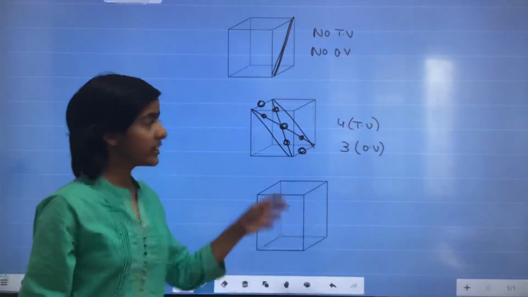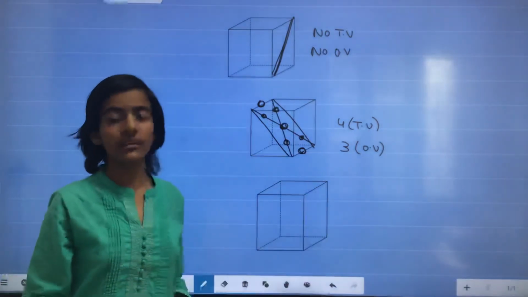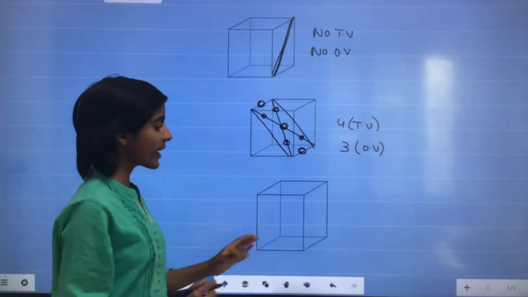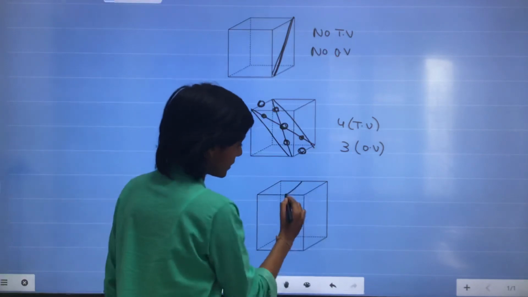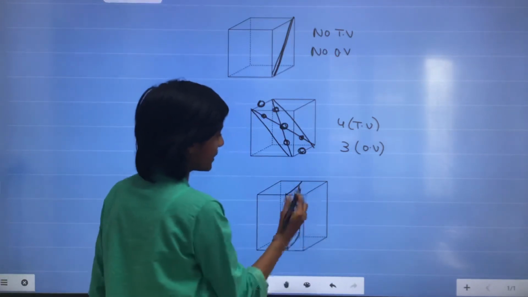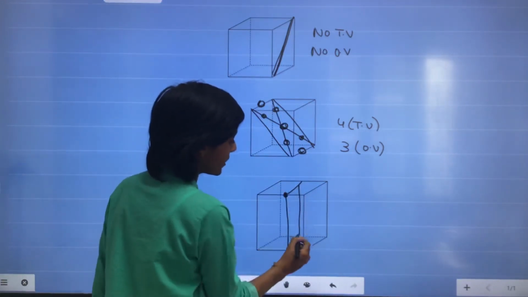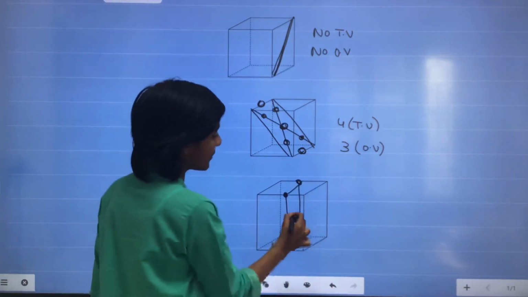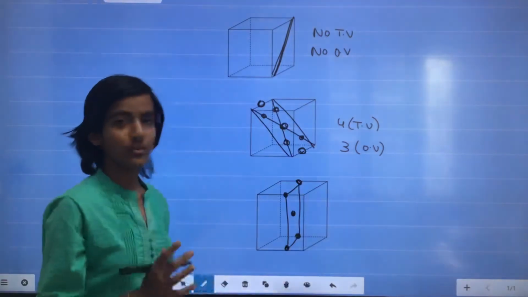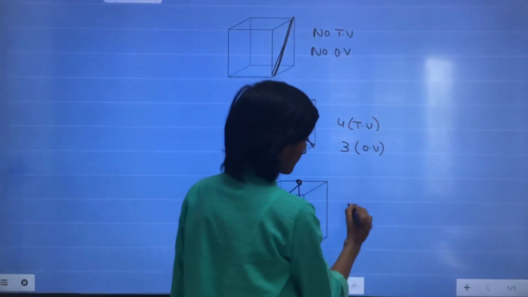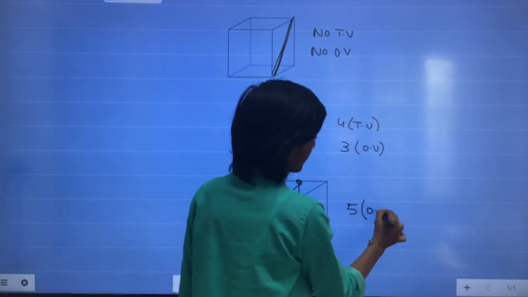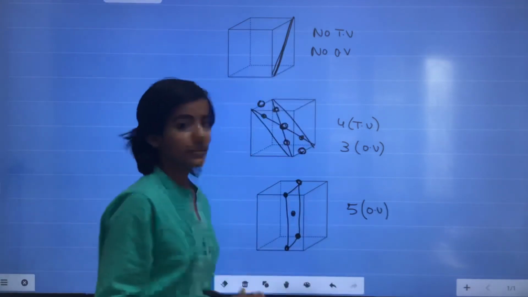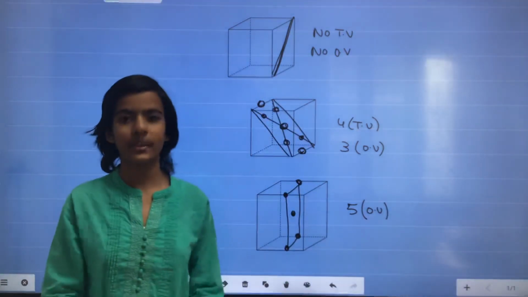From these 3 OV, these 2 are shared OV. And if we see in the rectangular plane, then 1 OV, 2 OV, 3 and 4, and 1 is at the center. So total OV are 5, and there is no TV. Thank you.